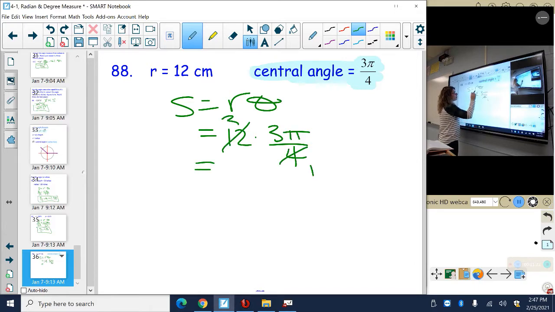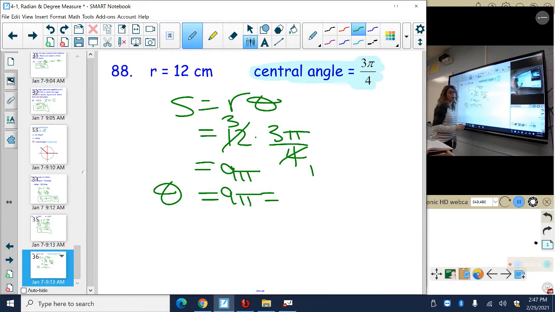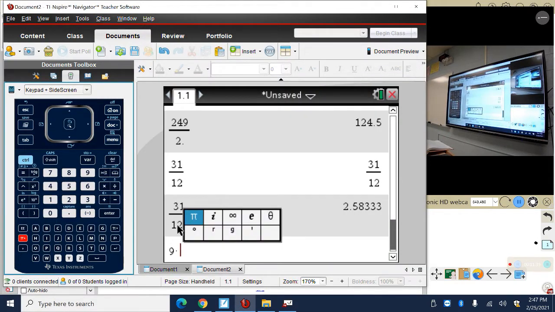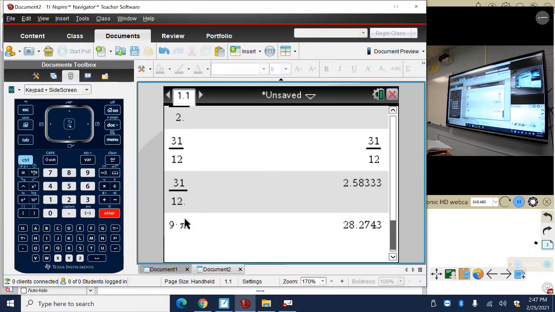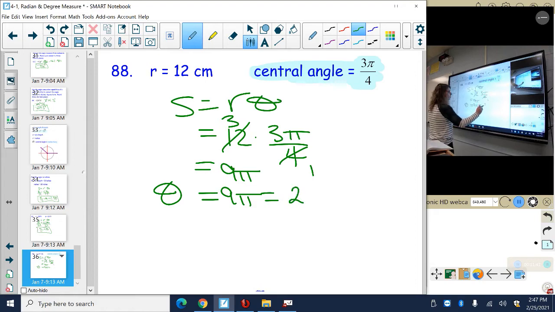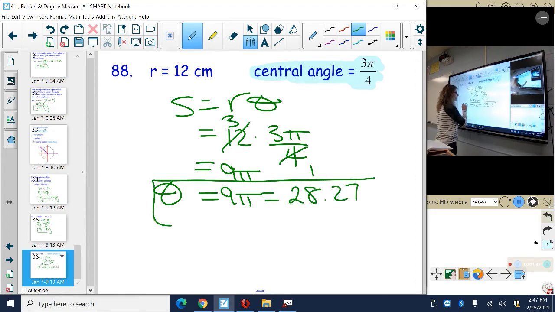This gives you a 3, so that's 9 pi, which is the same thing as 9 times pi, 28.27. And that is number 88.